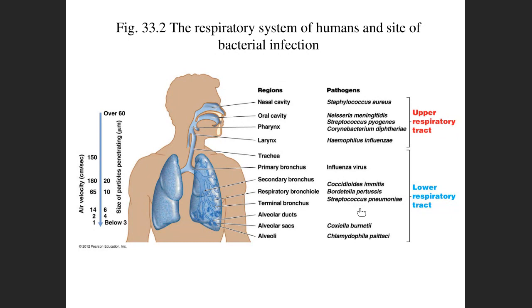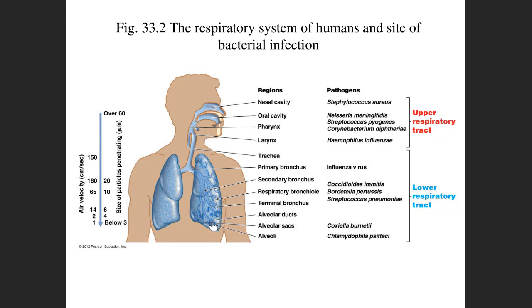These are the smaller ones, and these are the smallest, and they tend to go by size, and the smaller they are, the more likely they're going to get to the alveoli, where the air exchange takes place, where there is actually no protection, because you need efficient air exchange.